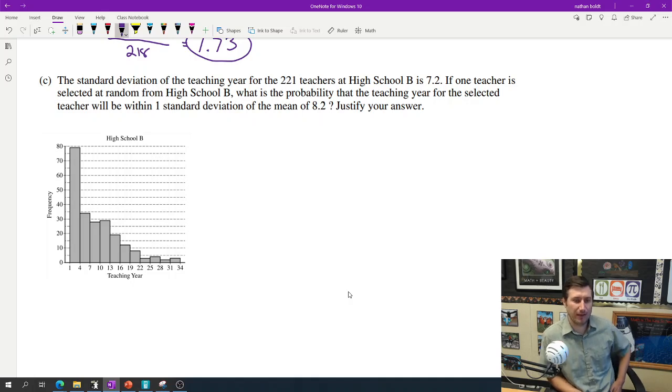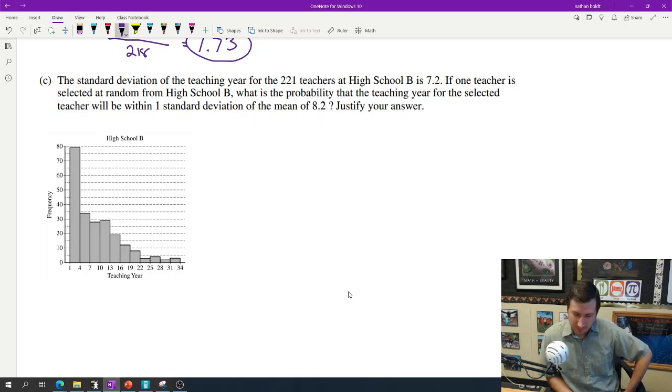Justify your answer. All right, now, again, big distractor here. It would be very tempting. Oh, what's the probability you're within one standard deviation? Let's look at the normal model. Let's do a normal CDF, or just do the empirical model and call it 68%.